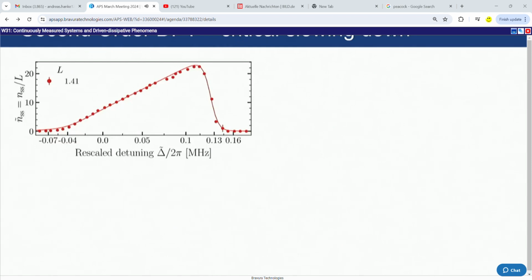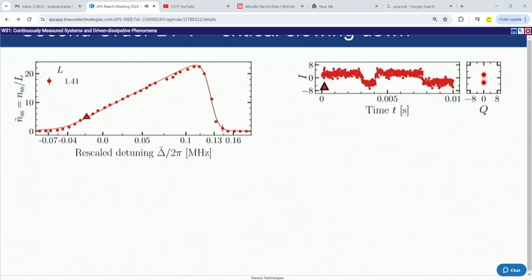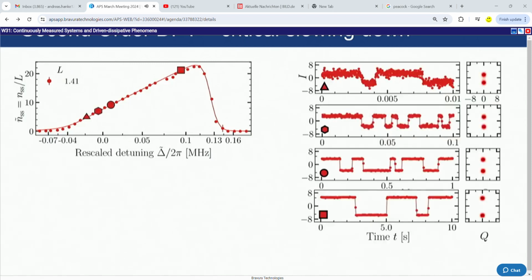Now for the critical slowing down, what we take are time traces at different values of the detuning, like this. And we look at the time that it takes to go from alpha to minus alpha. Here notice that the x scale increases by a factor of 10 each time. So as we move away from the point of the transition, it takes a longer time to go from alpha to minus alpha.